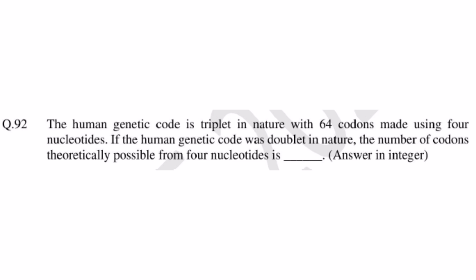Then the number of codons theoretically possible from 4 nucleotides will be 4 raised to 2, that is 4 into 4, that is 16. So the answer here is 16.